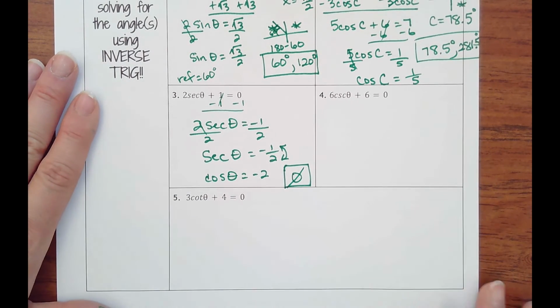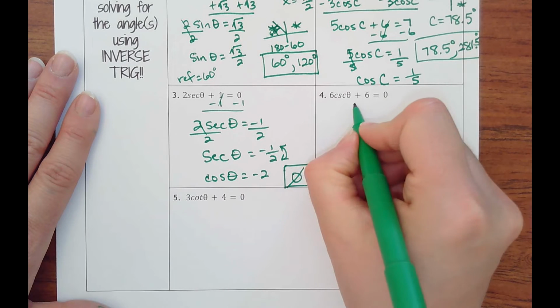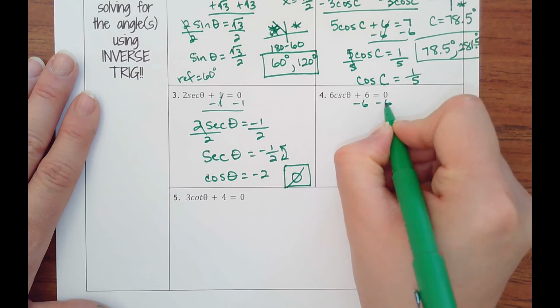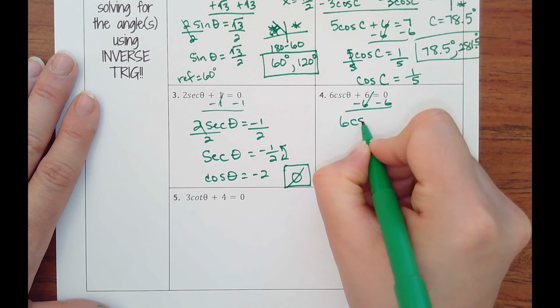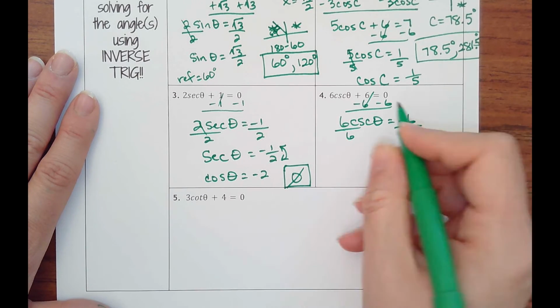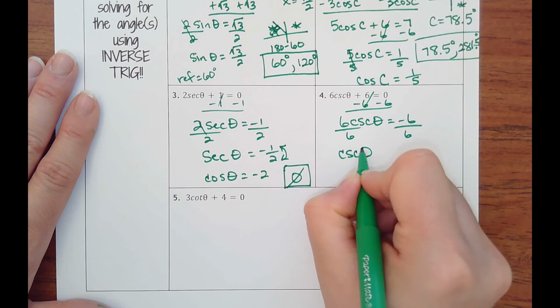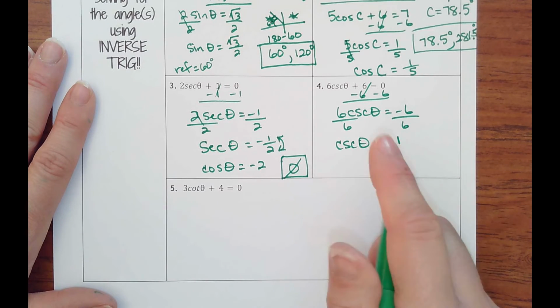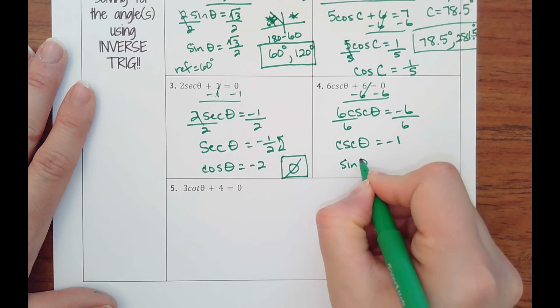Number 4, we've got cosecant here. 6 times the cosecant of that angle plus 6 needs to make 0. Subtract 6. Divide by 6. Cosecant of our angle needs to equal -1. Change it into the reciprocal on both sides, so that would be a sine of our angle.